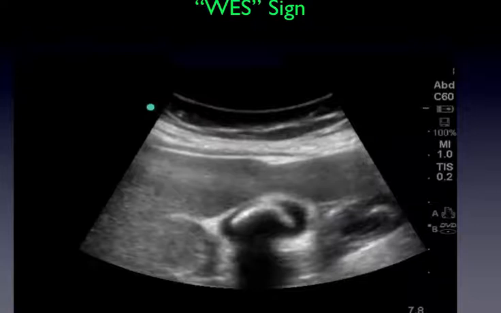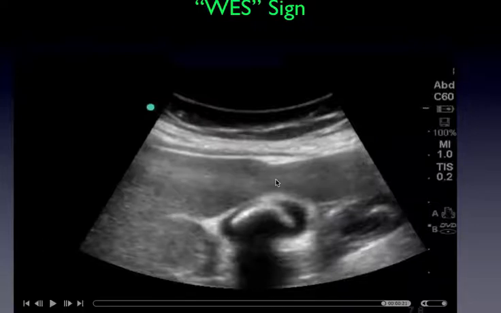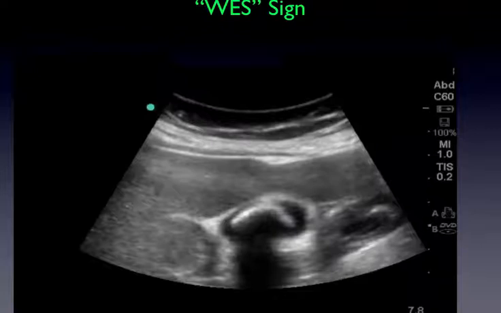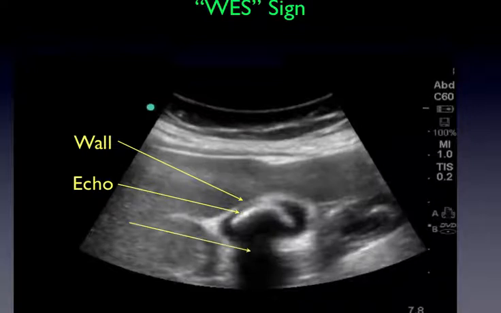In this case, we have the gallbladder that's contracted around a stone. We don't see a big gallbladder. We see over here the wall of the gallbladder. Over here is the echo of the stone. And over here is the shadow that's cast by the ultrasound beam unable to penetrate. So wall, echo, shadow. That's the WES sign.